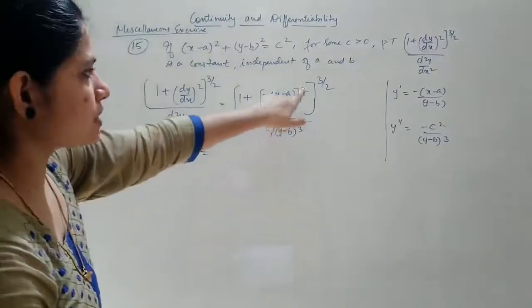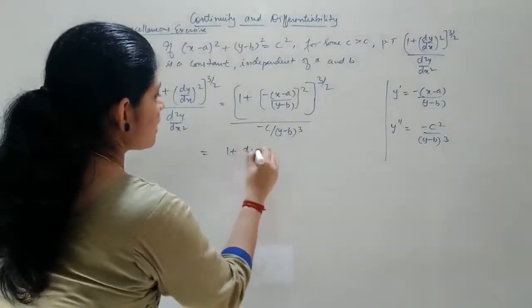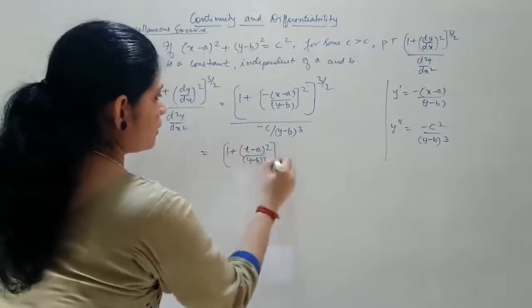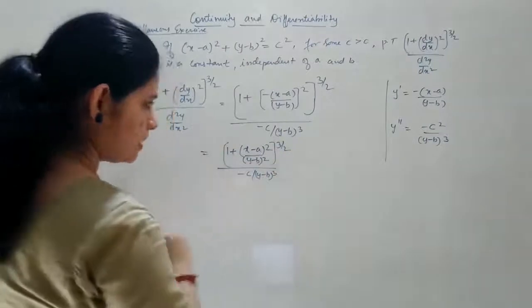Again this will give you positive and it will give 1 plus (x minus a) the whole square by (y minus b) the whole square, whole raised to 3 by 2, divided by minus c square by (y minus b) the whole cube.